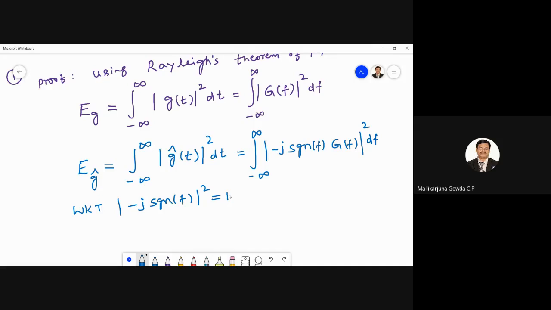So with respect to that, what can I say? Therefore, the mod of G(f) will be equal to the mod of Ĝ(f). Is this fine?